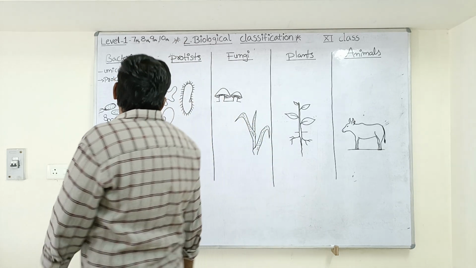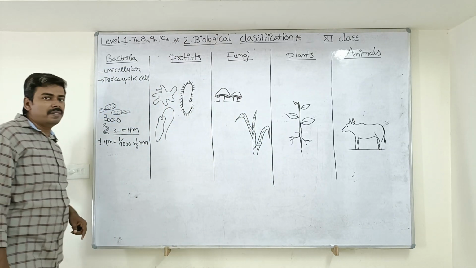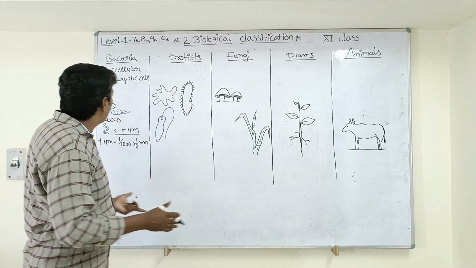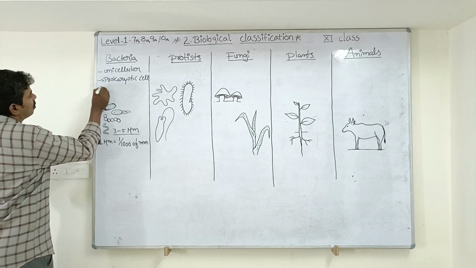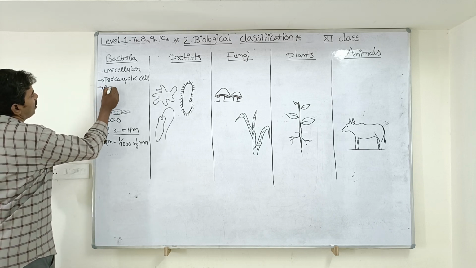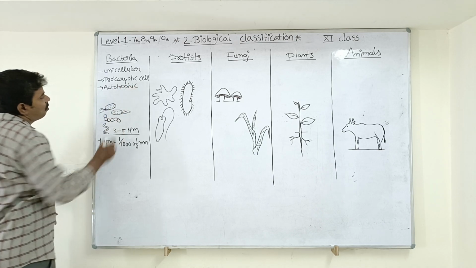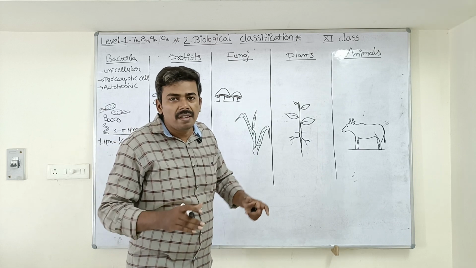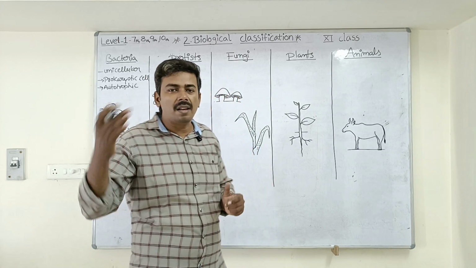Coming to their nutrition, how do bacteria obtain their food? Some of the bacteria can prepare their own food. The term for that is autotrophic. What is autotrophic? It is a kind of nutrition where the living organisms prepare their own food without depending on other sources.